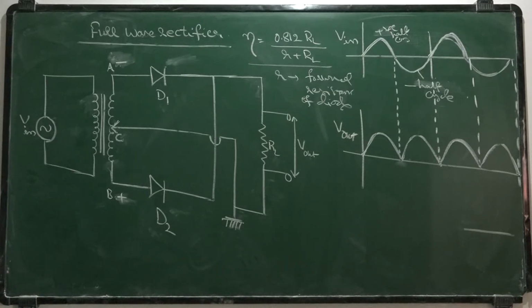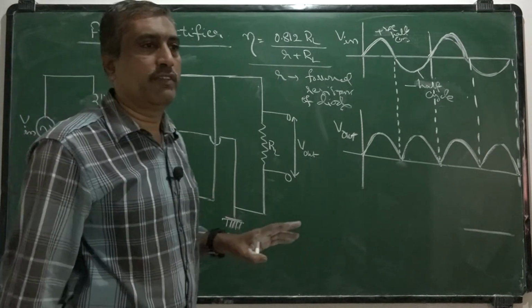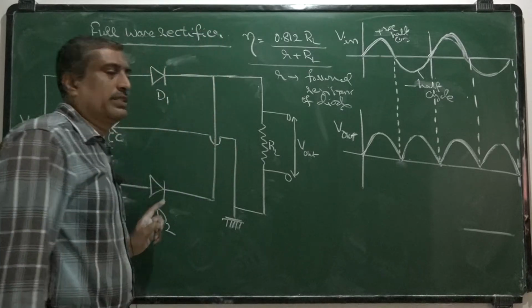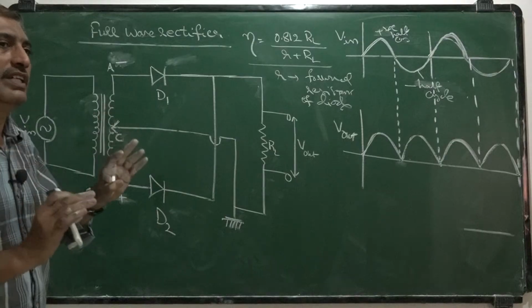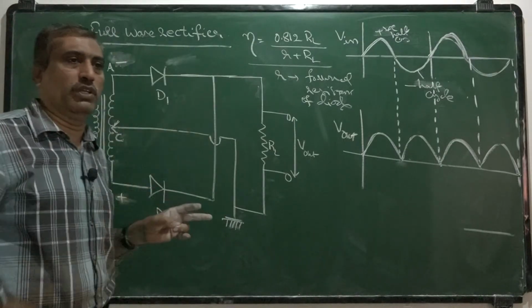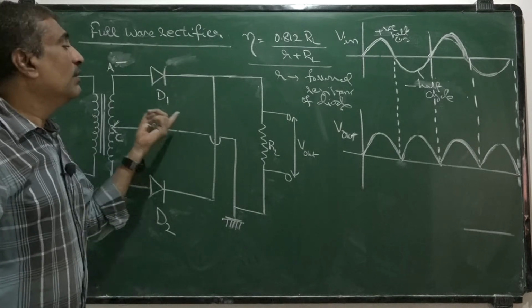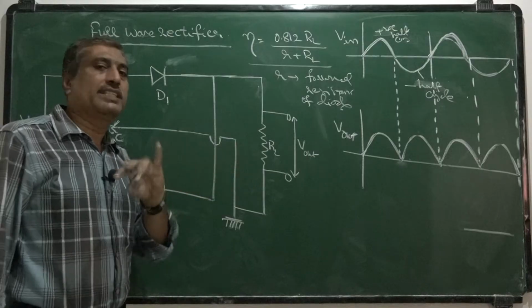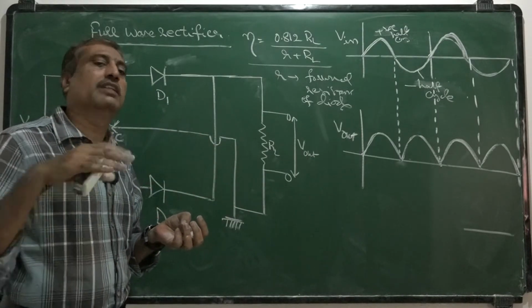Now the difference between the full wave and half wave rectifier is that in a half wave rectifier we use only one diode, and in a full wave rectifier we use two diodes. The half wave rectifier conducts only during positive half cycles, whereas in the full wave rectifier one diode conducts in one half cycle and the other conducts in the other half cycle.